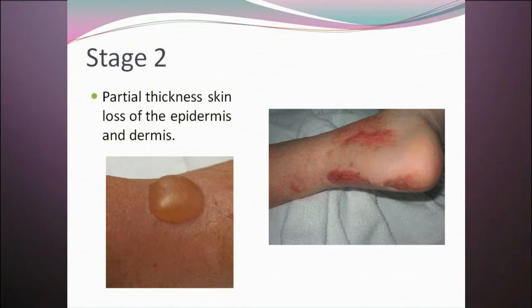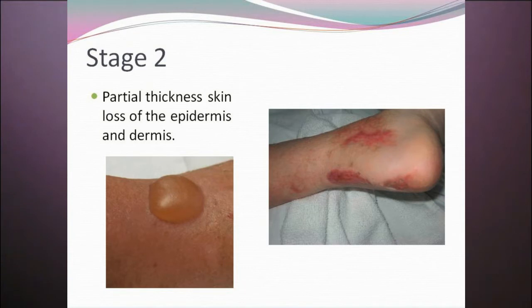A serous-filled blister over a bony prominence or under an area of friction, pressure or shear is considered a stage 2 pressure injury. Another example here on your right is an open partial thickness wound where again there is a penetration into the epidermis and dermis, but not into the subcutaneous tissue. These wounds typically are very shallow and there's usually no appreciable depth to them.